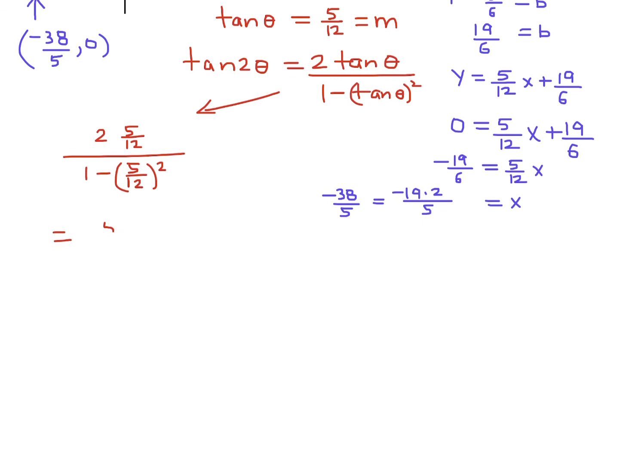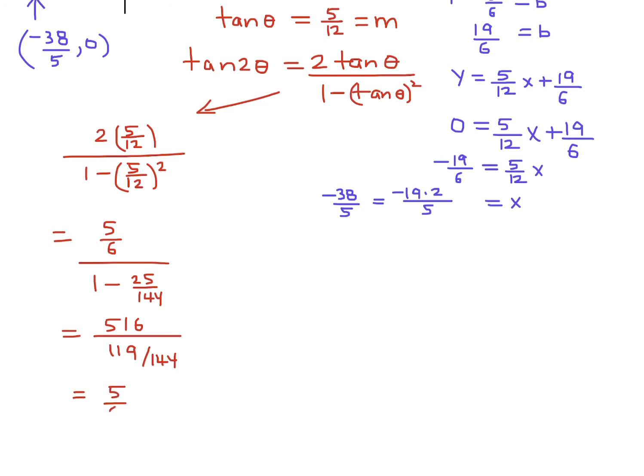And this gives me 5 over 6 over 1 minus 25 over 144. And this is 5 over 6 over 119 over 144. And that is 5 over 6, invert and multiply, 144 over 119. And that reduces to 120 over 119.